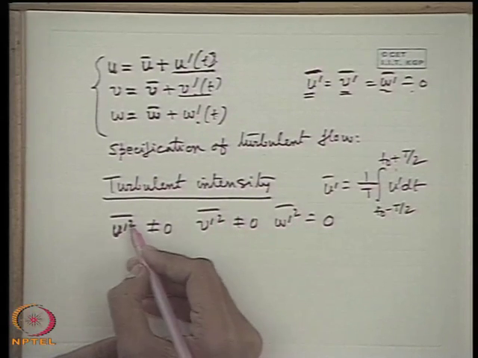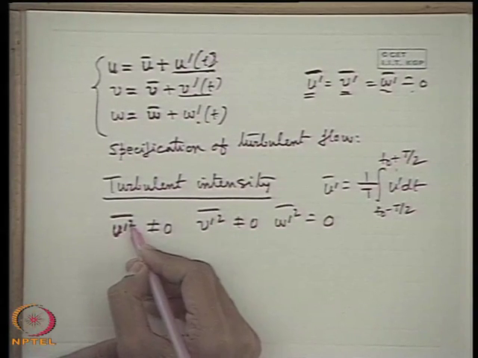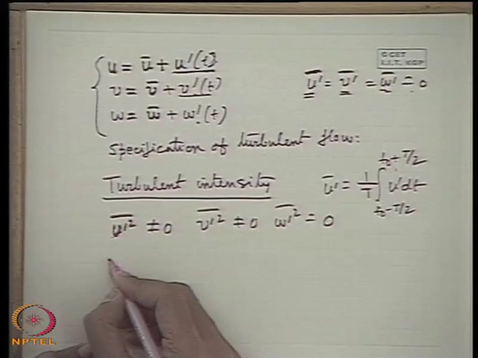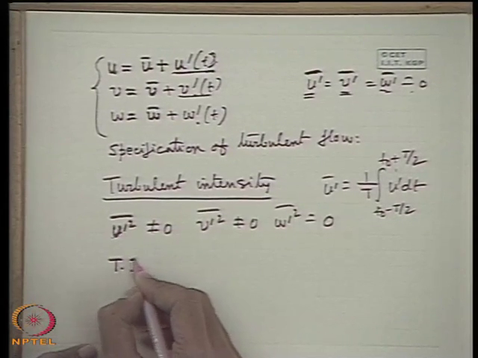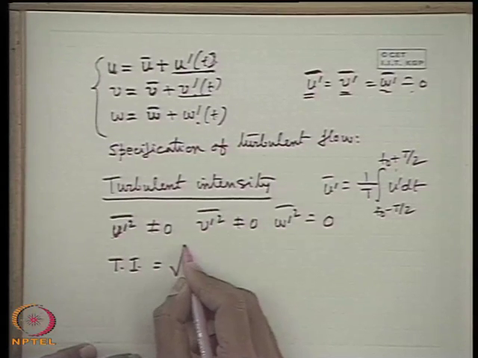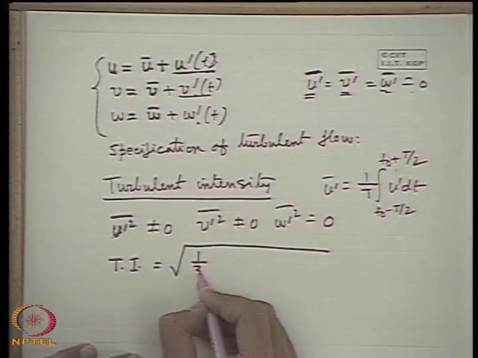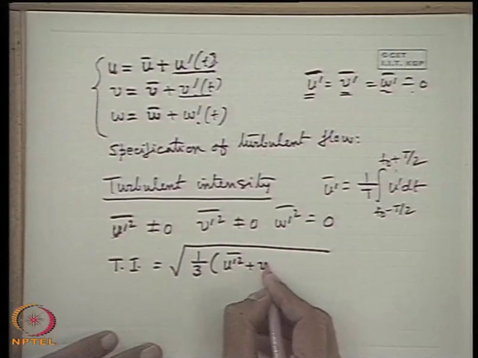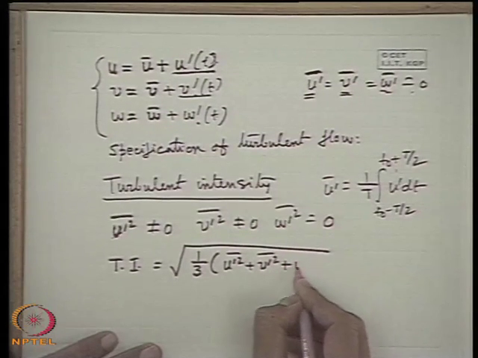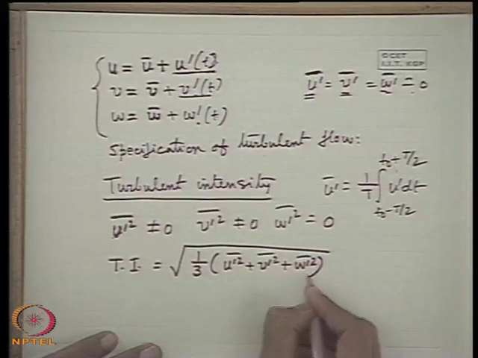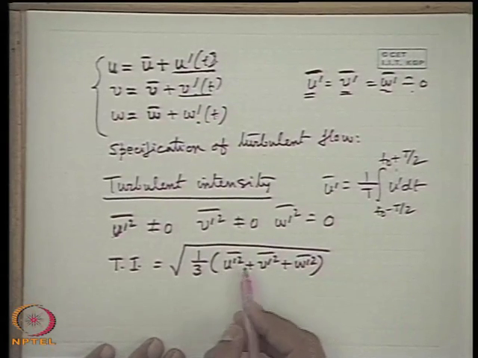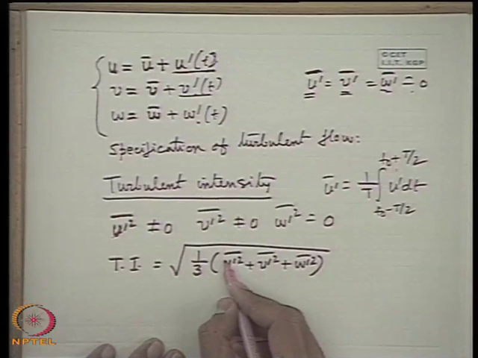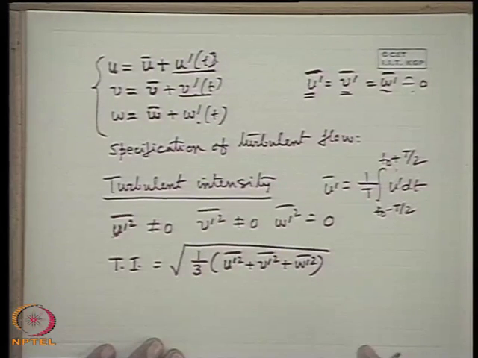That means the time mean value of the square of the fluctuating components of velocities. So, it is usually defined as turbulent intensity Ti as the square root of the mean of u dash square bar plus v dash square bar plus w dash square bar, that means the arithmetic average of the mean values of the squares of the fluctuating components.